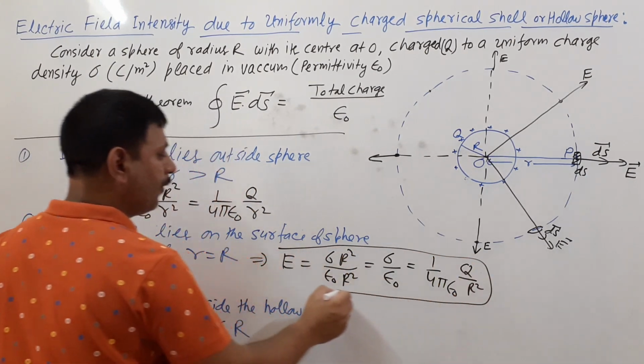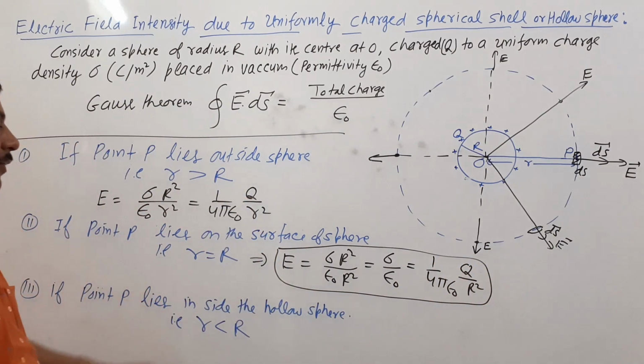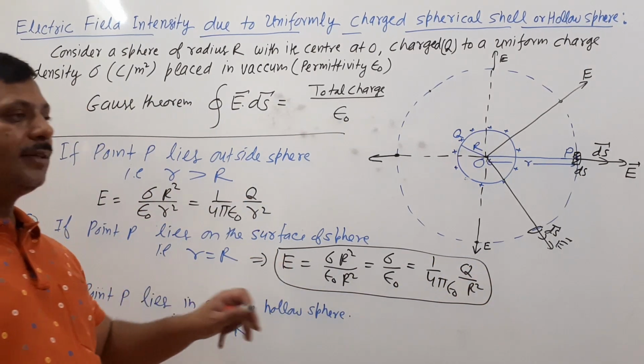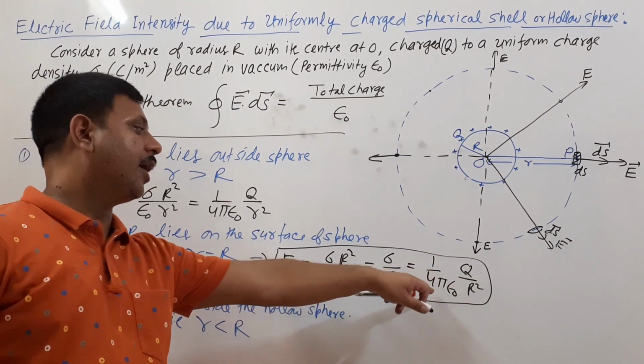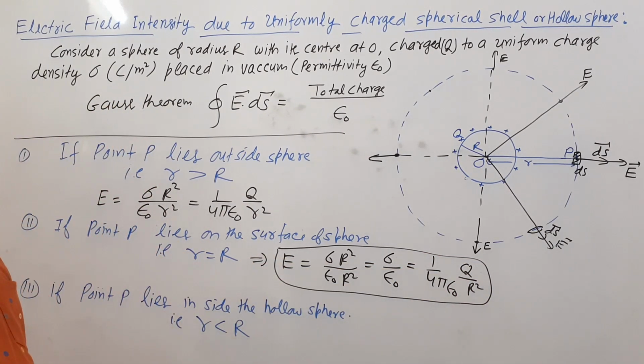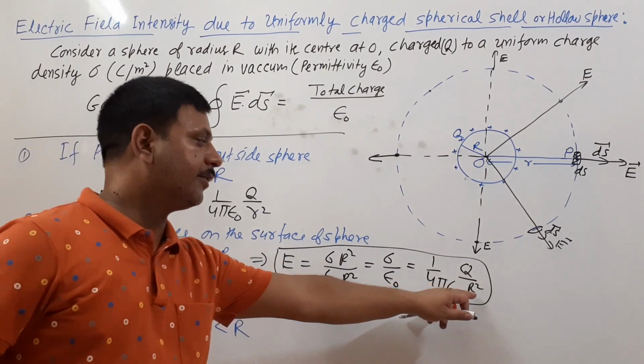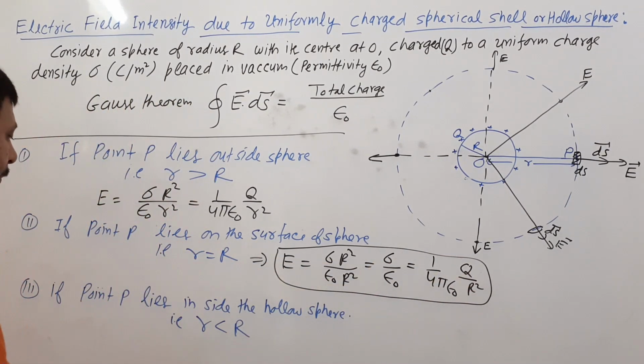This is the formula for electric field intensity when it lies on the surface. Here R is capital R.